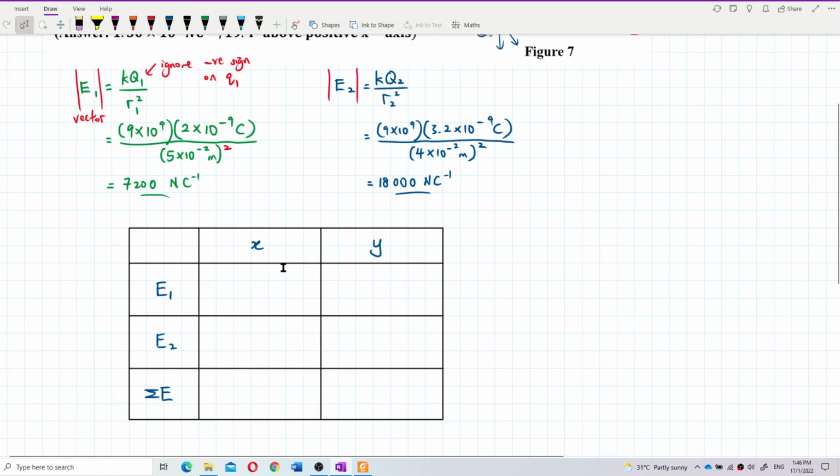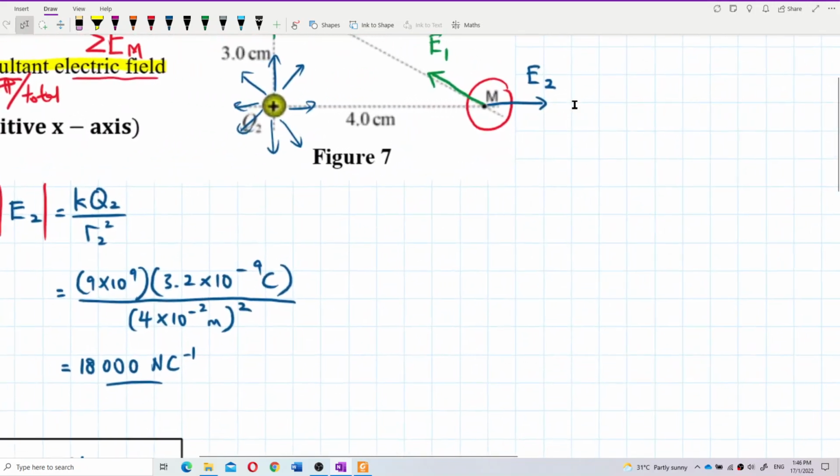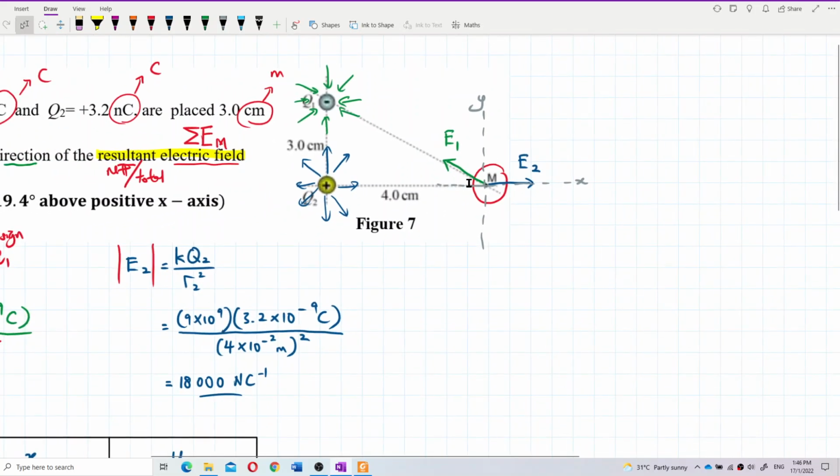First of all, I need to find the angle. Look at E1. I need to draw the axes: this is the x-axis, and this is the y-axis. To resolve the E, I need the angles, so I must know what this angle theta is.